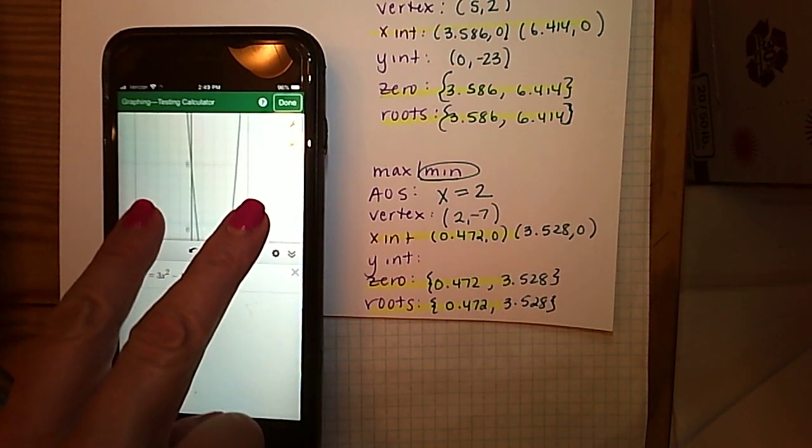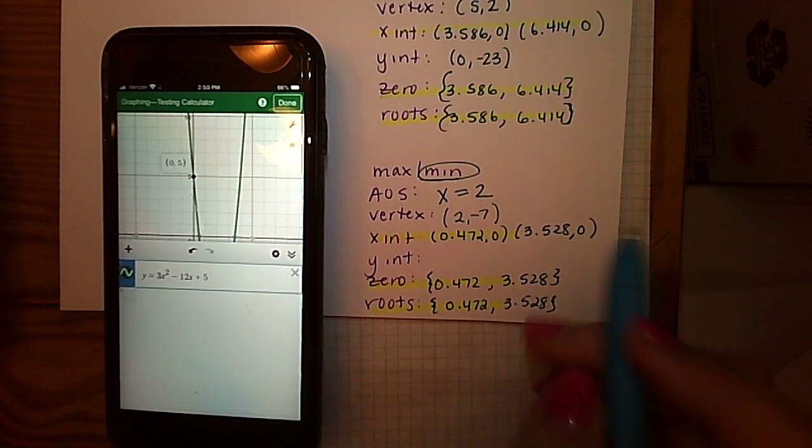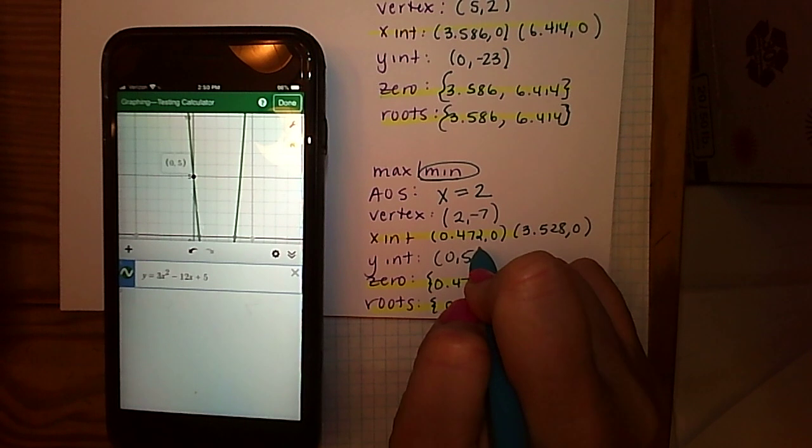To get to my x-intercept, I'm going to scroll up, touch on the gray bubble. I get 0, 5.